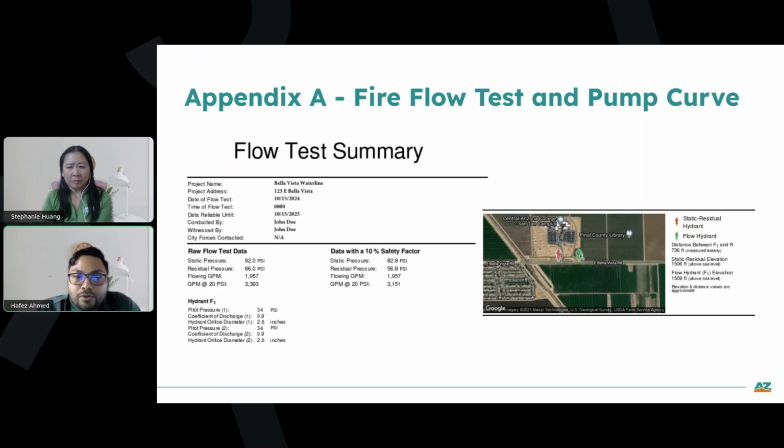Another important point is the residual pressure in the control hydrant, which is when the flow hydrants are in active conditions. Here is the residual pressure. An example is 66 psi, which is good because it meets the minimum requirement of 20 psi. So we need to see that number at least 20 psi or above. And the third important point is the flow rate, which is the GPM here at 20 psi. So this number needs to meet the calculated demand or at least exceed it. Next slide, please.